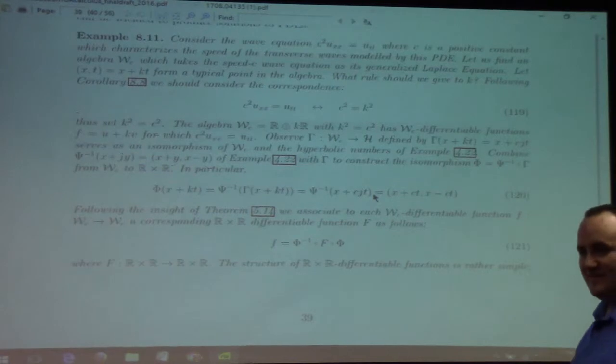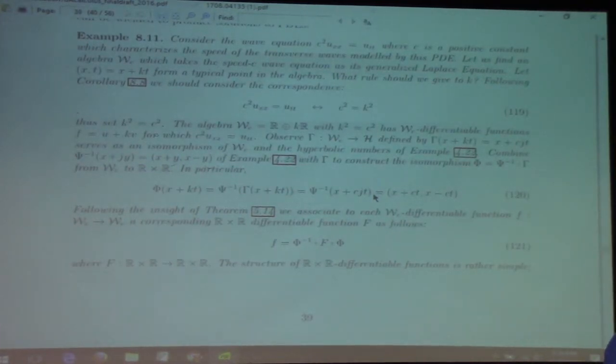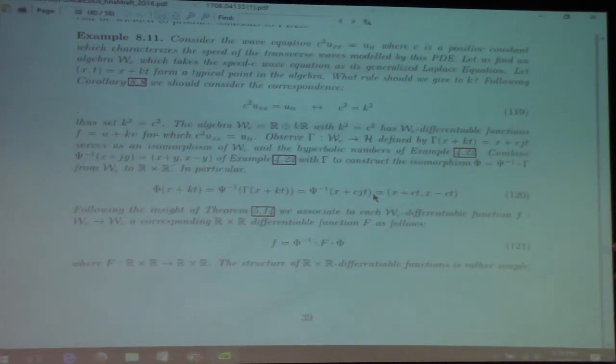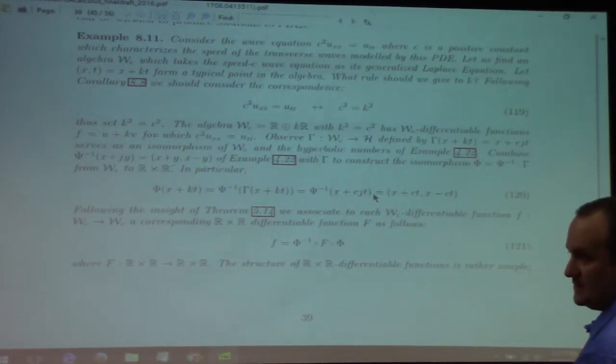I don't know. Maybe. What would the difference be in terms of the calculation here if I let the time go with the identity element of the algebra? I think you could go either way, mathematically. Anyway, so I want to have c squared equal to k squared in this context.